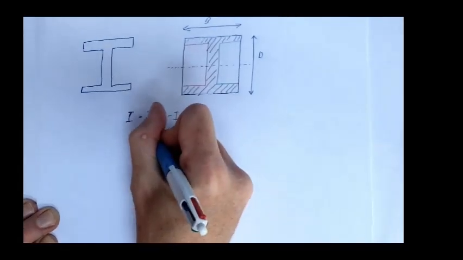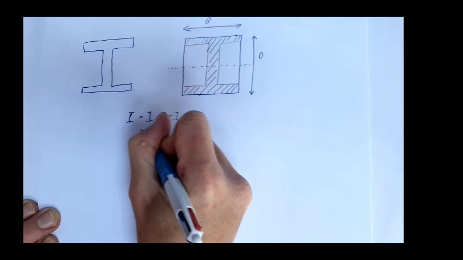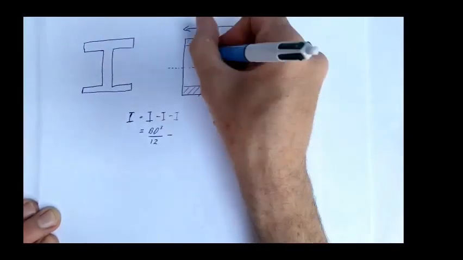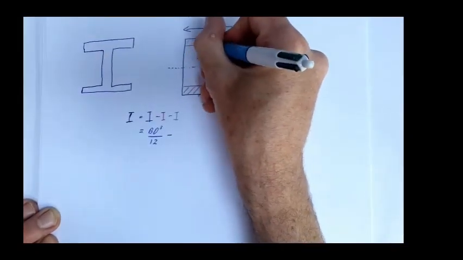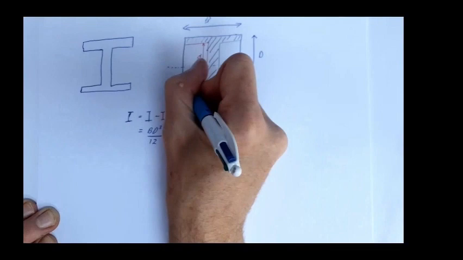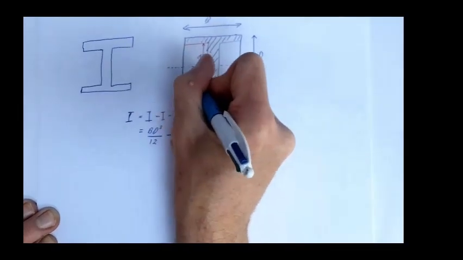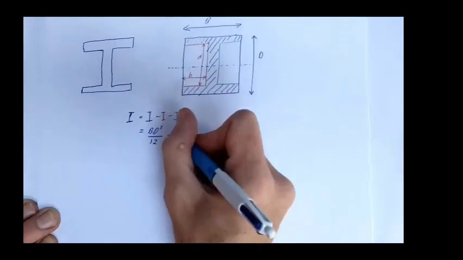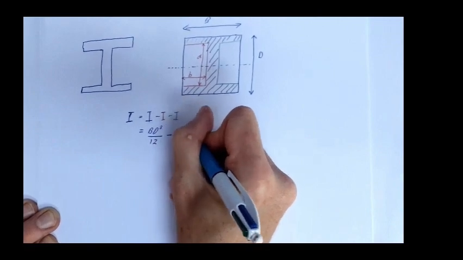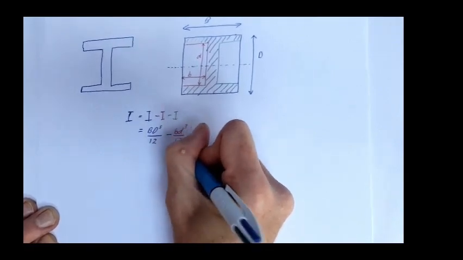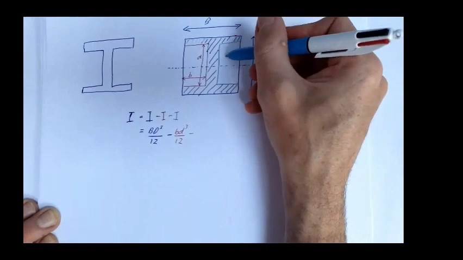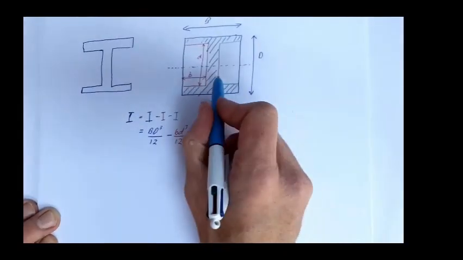So we end up with BD cubed over 12, minus the red bit, and let's call this D by B, so minus BD cubed over 12, and then we're going to subtract the green section, which is also D meters high, B meters across.